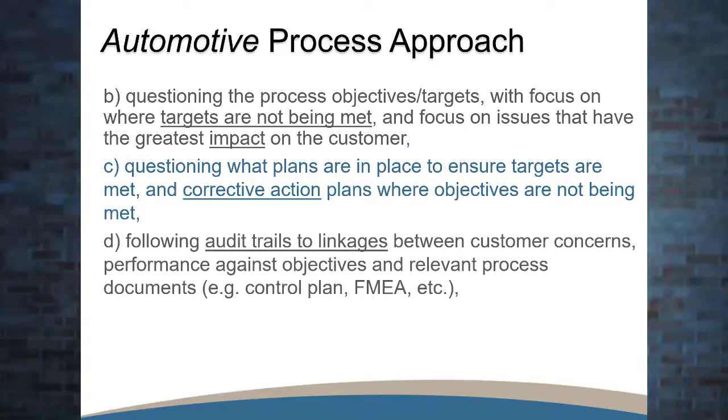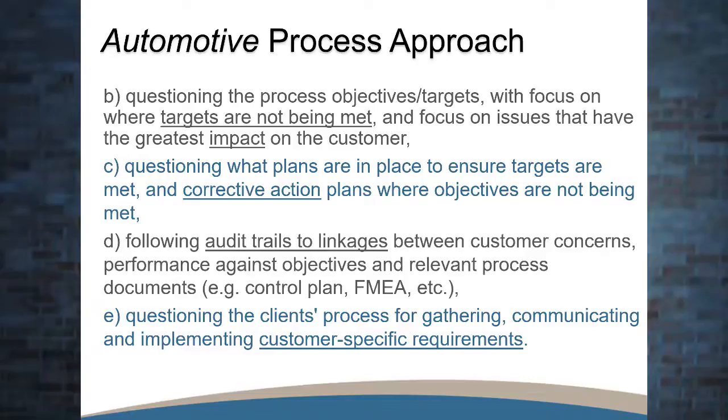Following audit trails to linkages between customer concerns, performance against objectives, and relevant process documents such as control plans, FMEAs, etc. And finally, questioning the client's process for gathering, communicating, and implementing customer-specific requirements.